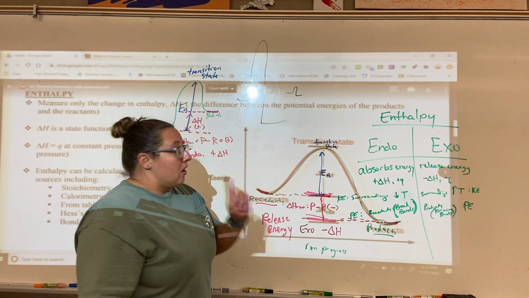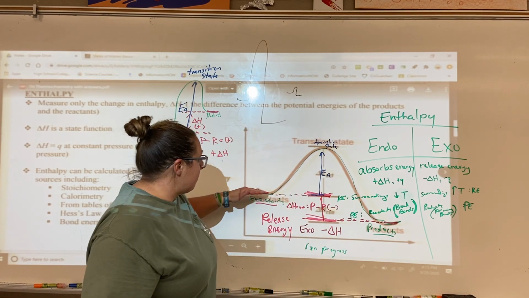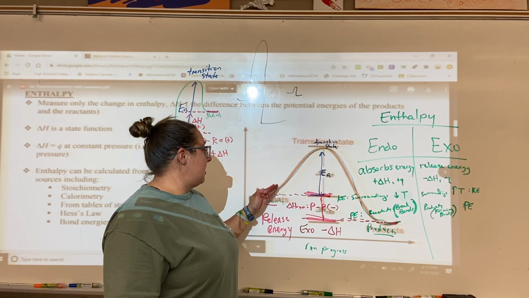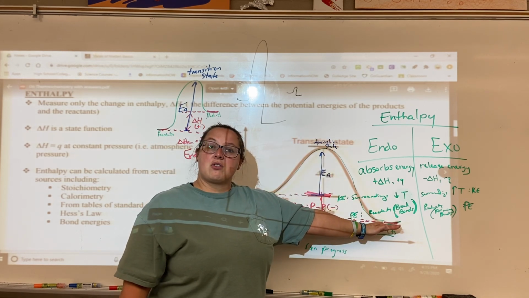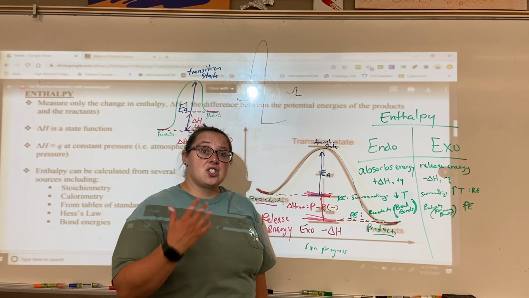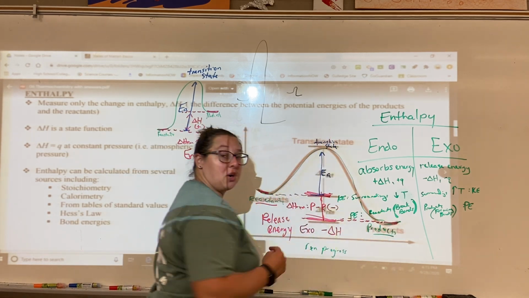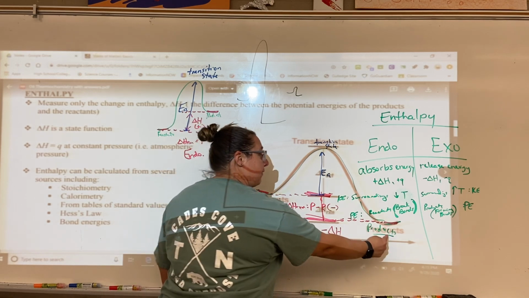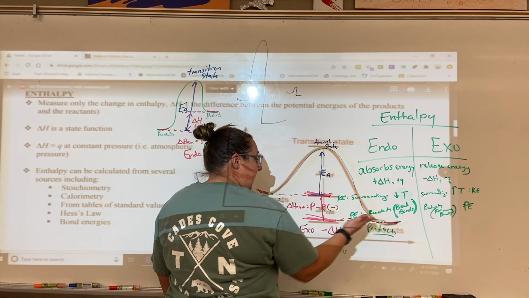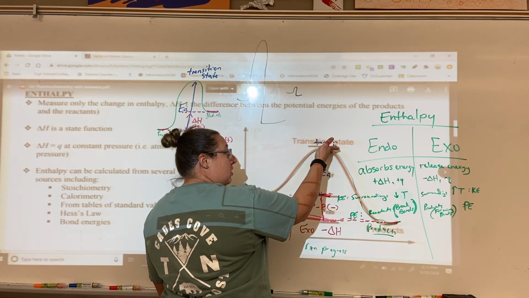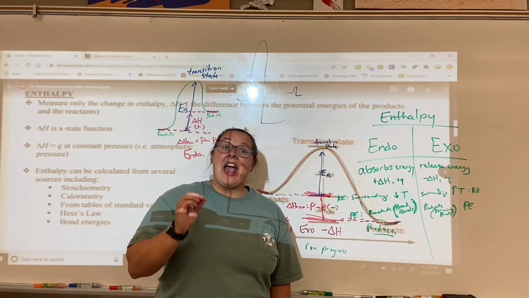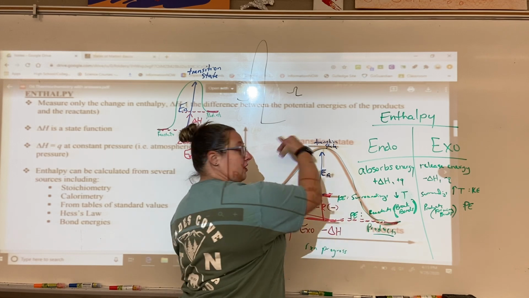Also, what we need to know is I've talked about my reactants to this transition state. So this is the activation energy if my reaction is going in the forward direction. Later on in the year, we will learn that reactions don't just go from reactants to products. They can also go from products to reactants. If that is the case, then I can take my products to the transition state if my reaction was going the opposite way, and that would be my activation energy for the reverse reaction.